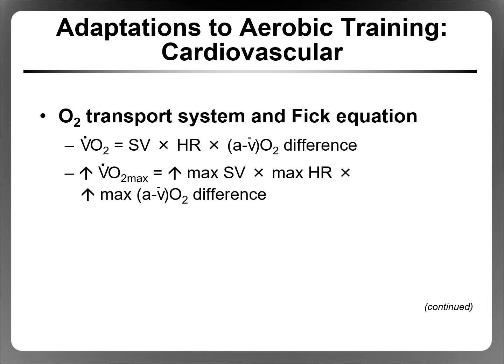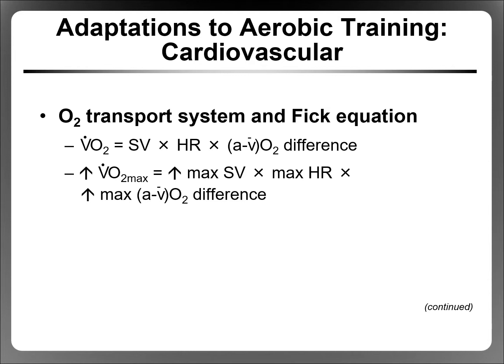So, what this actually looks like. We've talked about the Fick equation before. This is using stroke volume, heart rate, and the AVO2 difference to calculate somebody's VO2. But we've also discussed finding a true AVO2 difference can be incredibly invasive, as well as a true stroke volume.